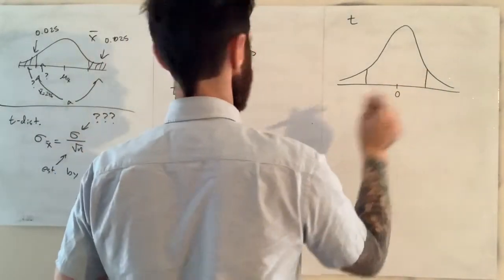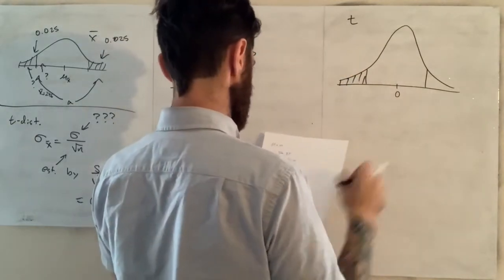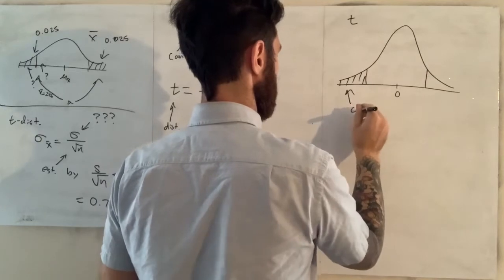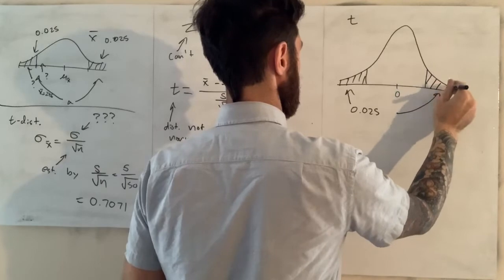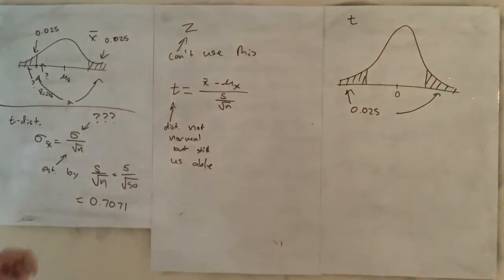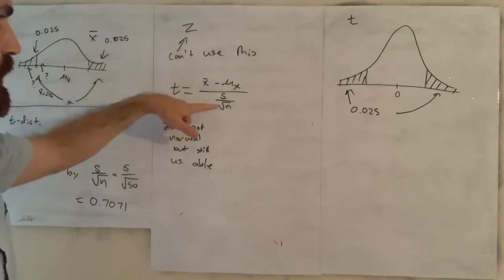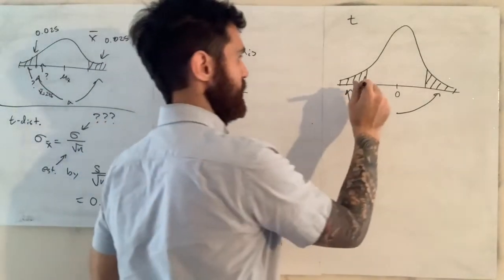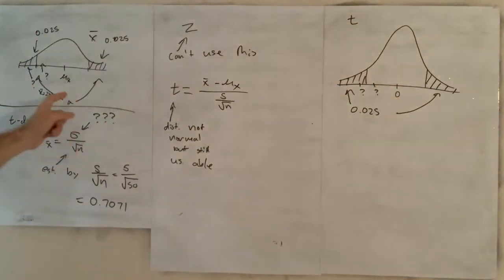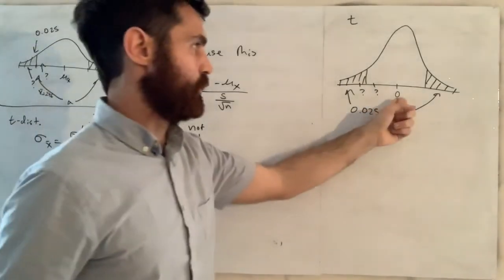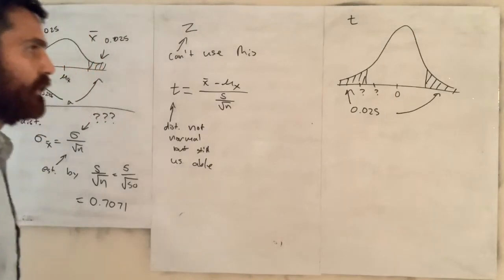And this critical region, we still want it to be 0.025 per tail. And what we want to find is, when we change this t value, does it live here or does it live here? Because we know it's going to be to the right or left of 0. Sorry, left of 0.